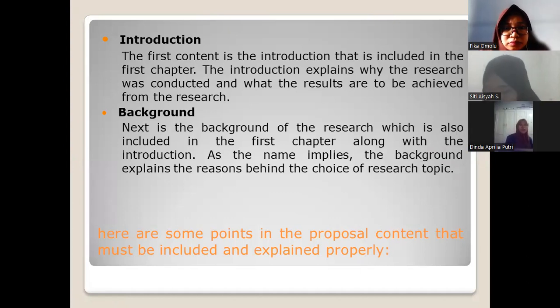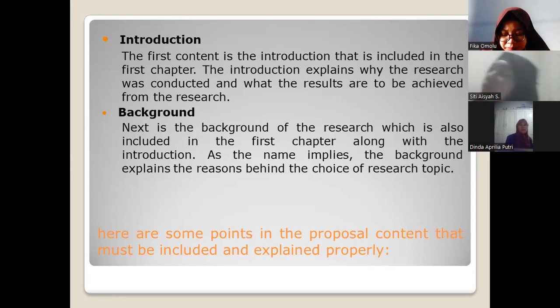The essence of this material, the preparation of this proposal, is to explain the research topic, agenda of activities, benefits, and also the cost plan or budget.